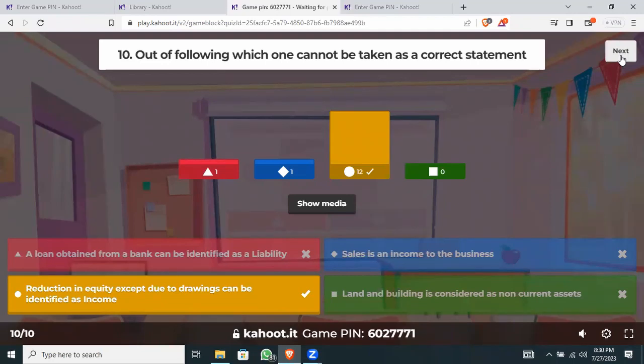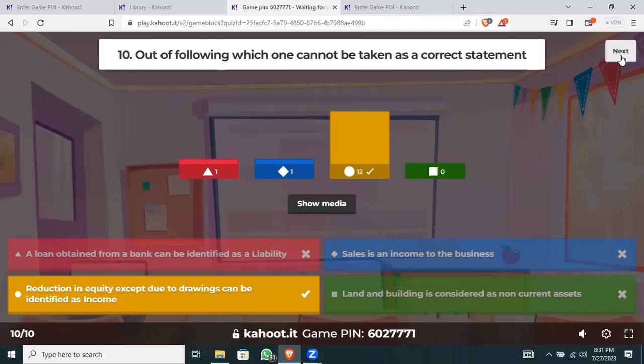Sales is an income to the business. That's also correct. Land and building is considered as non-current assets. That's also correct. But the last one, reduction in equity except due to drawings can be identified as income. No, that is incorrect. Reduction in equity except due to drawings can be identified as expenses. So that should be the answer.